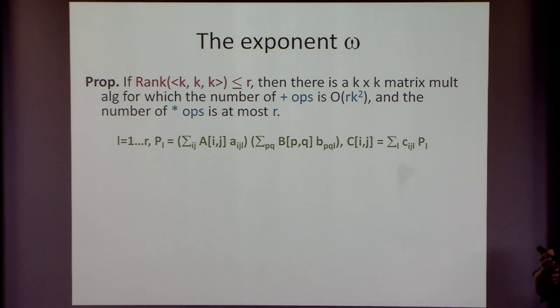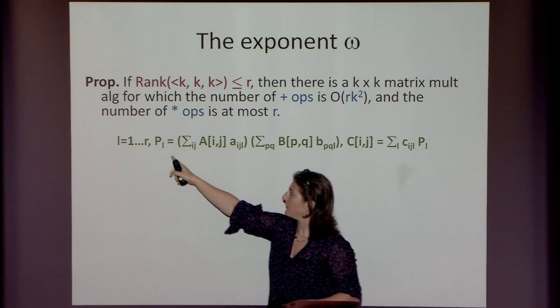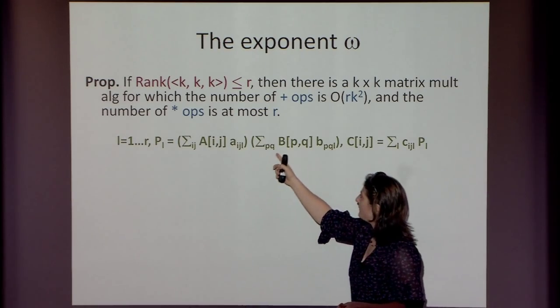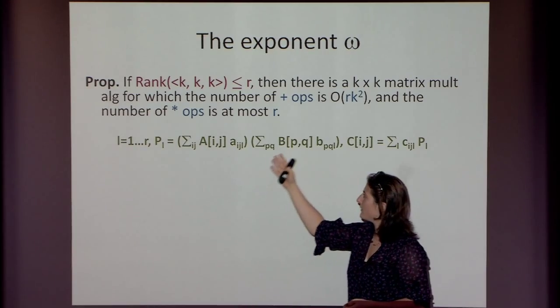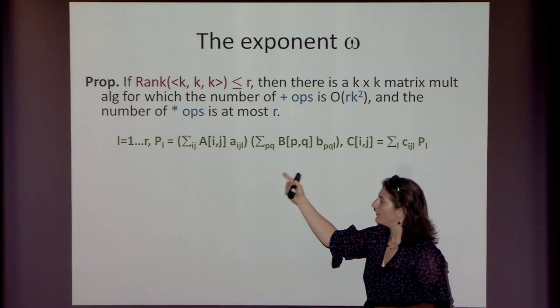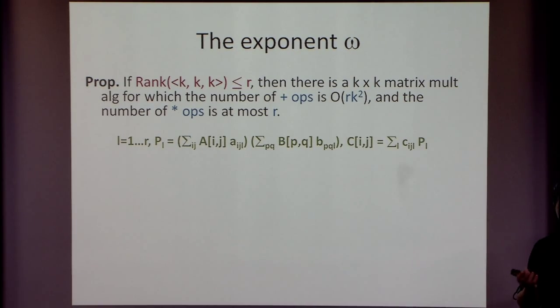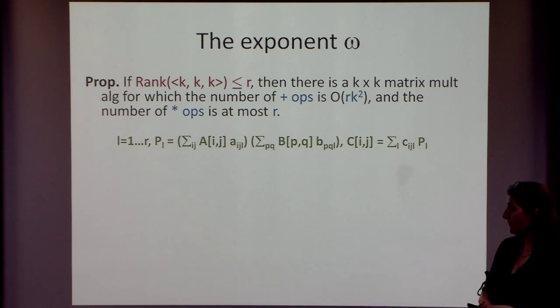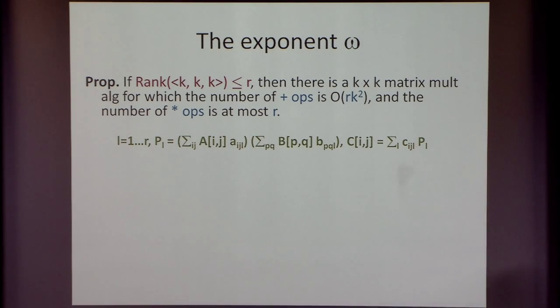The rank decomposition of the tensor tells us we're computing r products, which is exactly the number of multiplications, of linear combinations of one matrix times linear combinations of the other. Each linear combination only takes k squared time to compute in our model of computation, and there are r of them. So this is why there's r k squared.